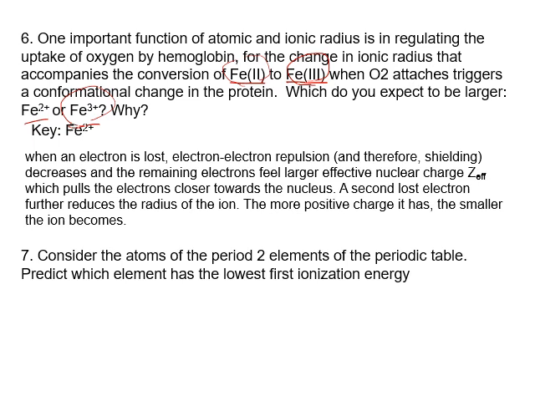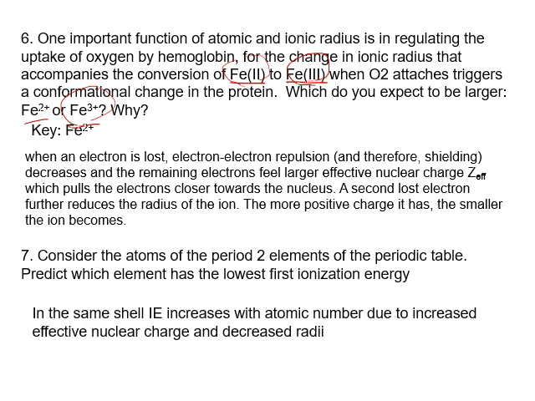Next one. Consider the atoms of period 2 elements of the periodic table. Predict which element has the lowest first ionization energy. So period 2 starts from lithium, and then beryllium, and goes to neon.